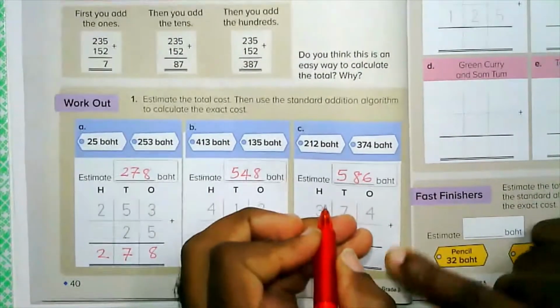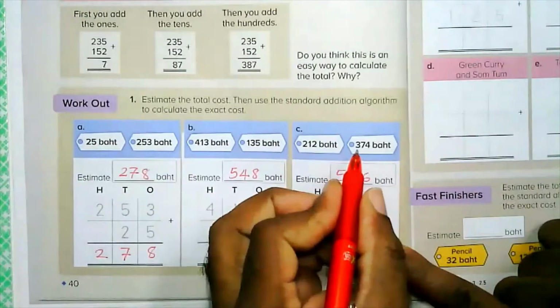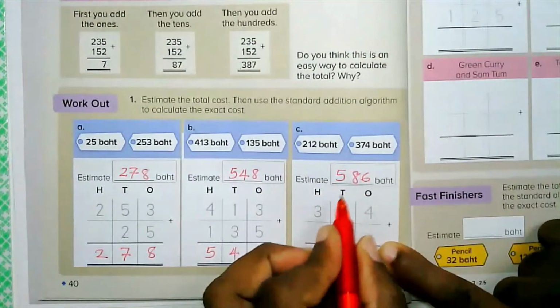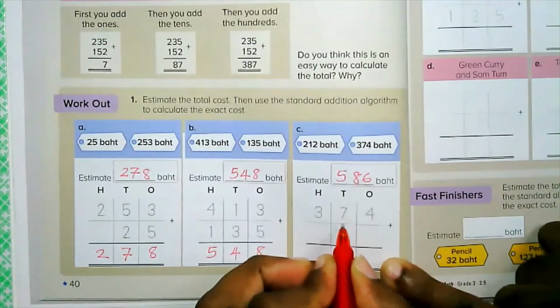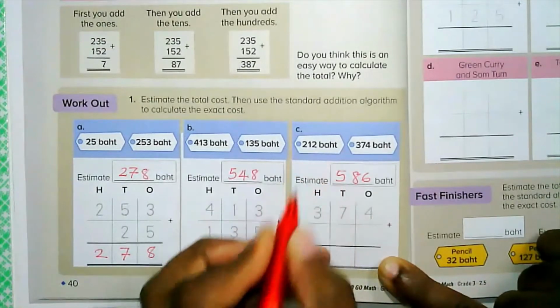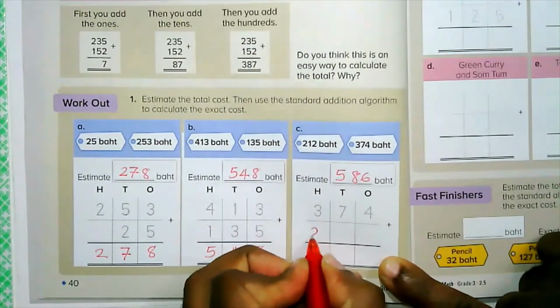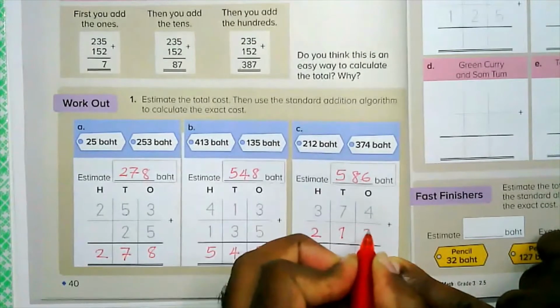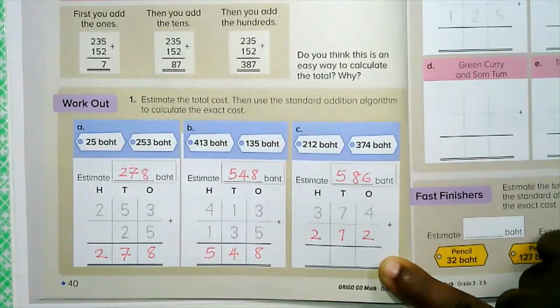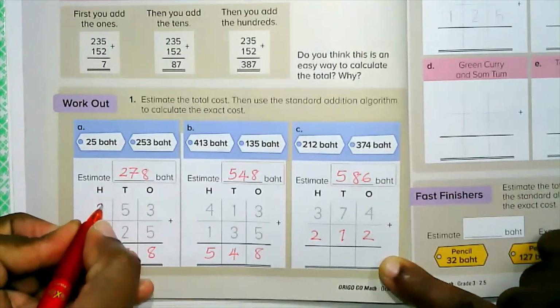Let's check. So we have 374. Now let's write the missing number, which is 212. And don't forget to trace this number.